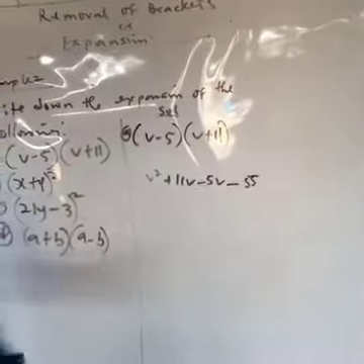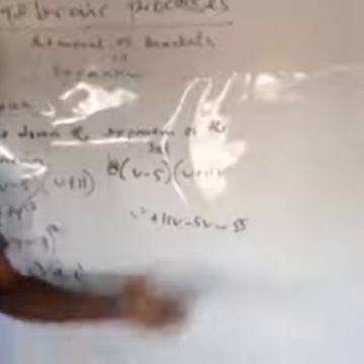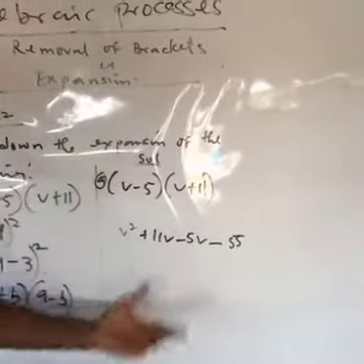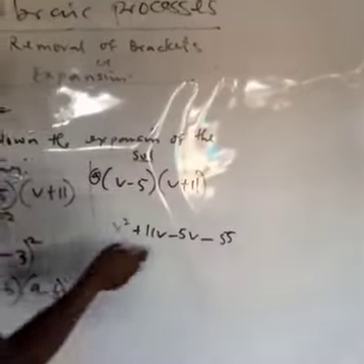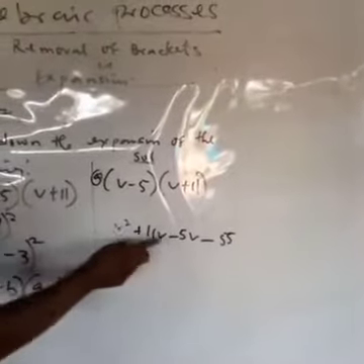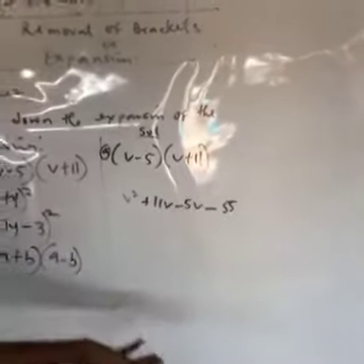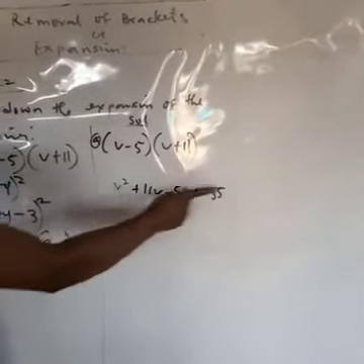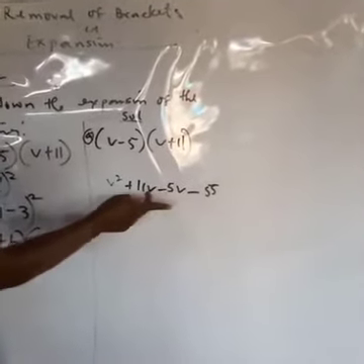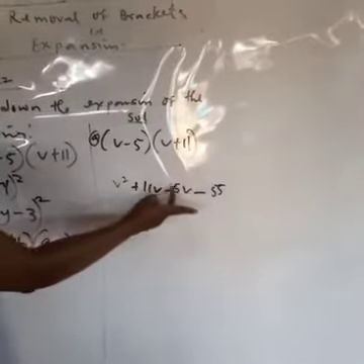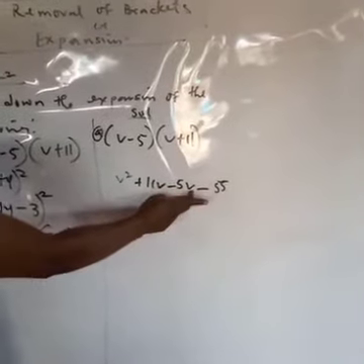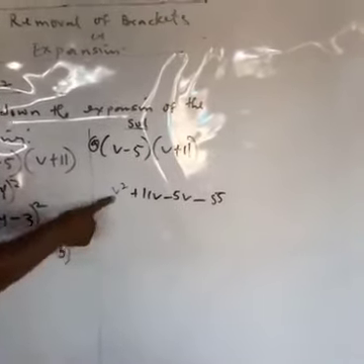So with this now, let's see if addition or subtraction is possible. Now let us do this and this. 11v and minus 5v, as you can see, are similar. This one has 11v, this one has v, and the v here has no square. The highest power here is 1, the highest power here is 1, but this one, the highest power is 2.